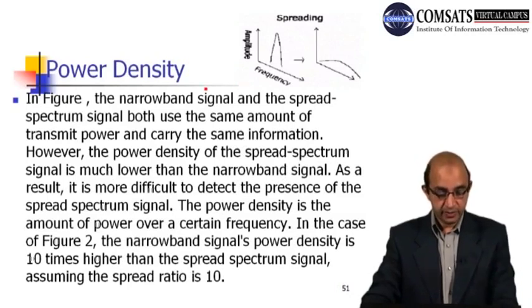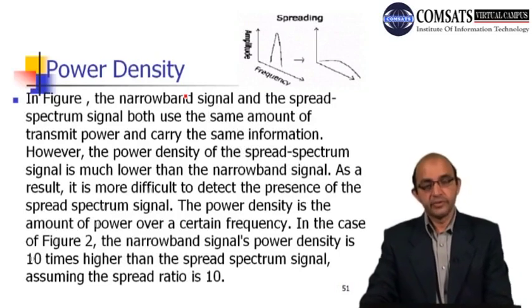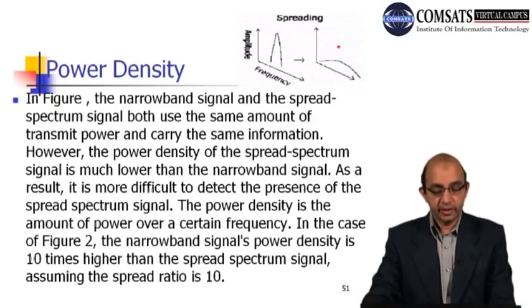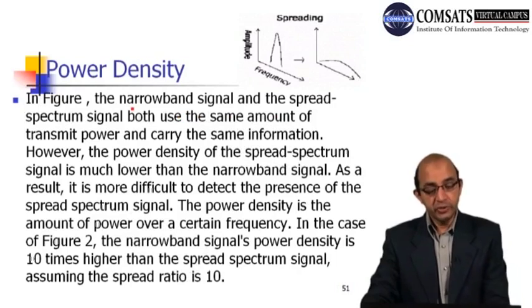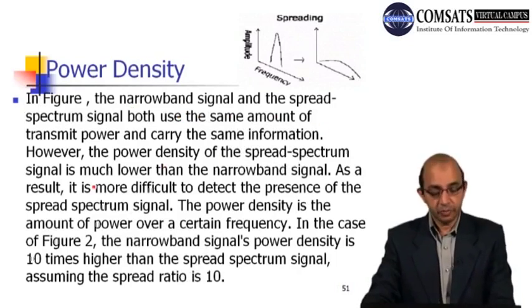And here we have the graphical representation of the power density, right? You can see the narrowband signal and the spread spectrum signal. This is the narrowband signal and this is the spread spectrum signal. They both are using the same amount of transmission power and carry the same information.